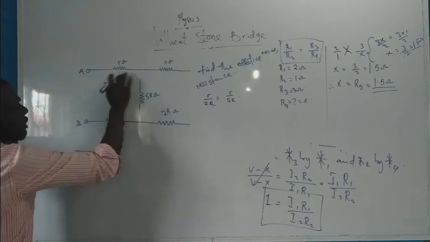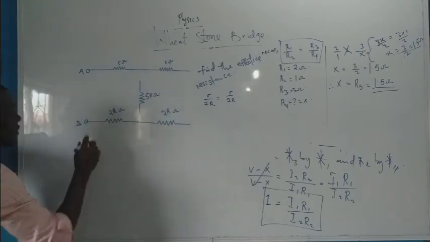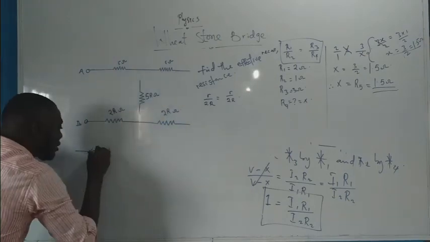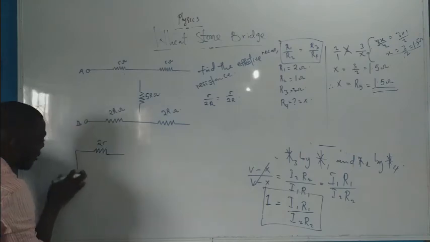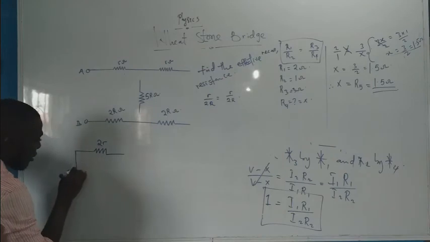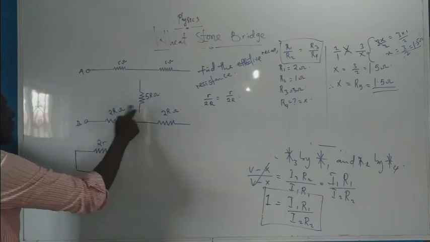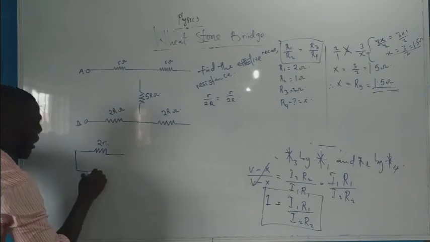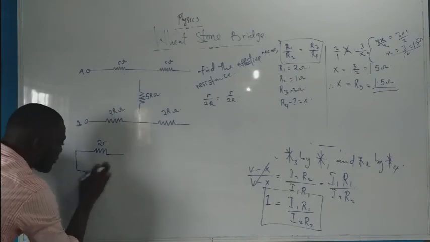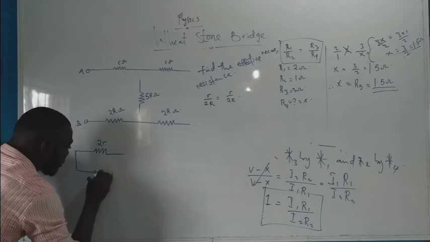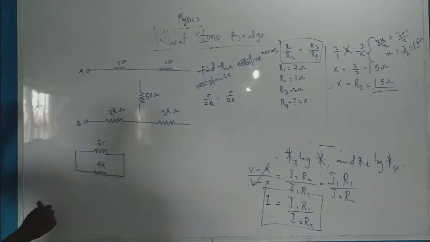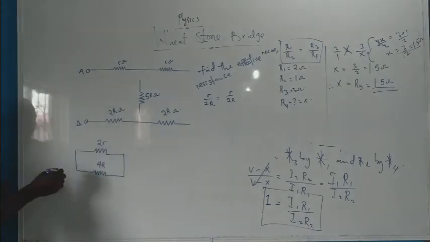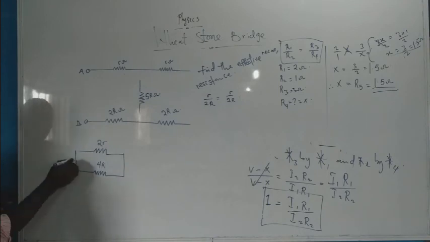This is a series connection. That will be R plus R, that gives us 2R. Then we have this plus this, that will give 4R.